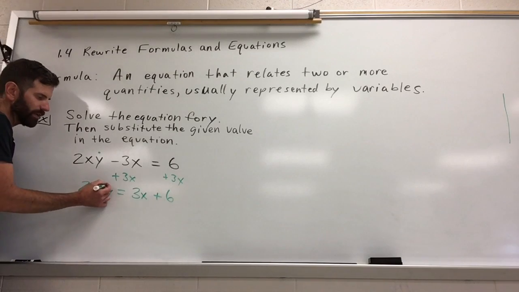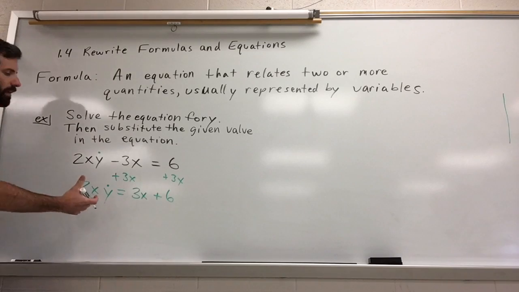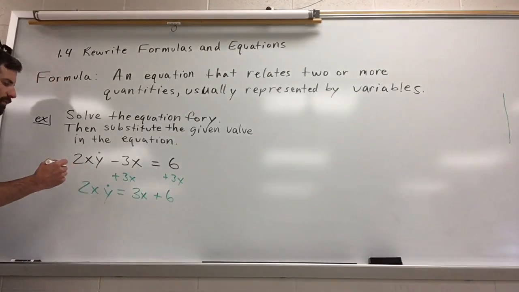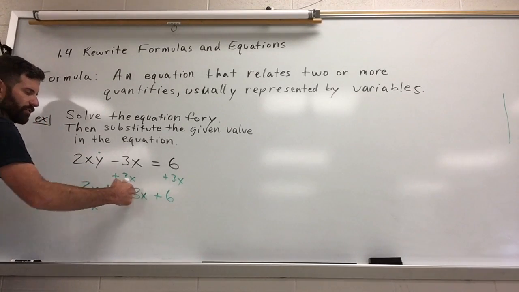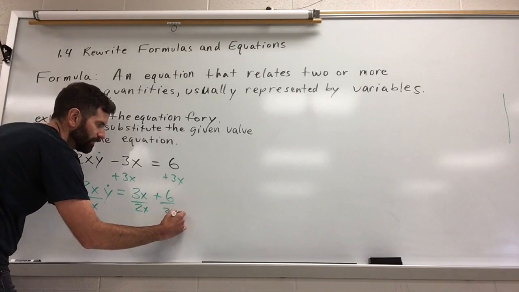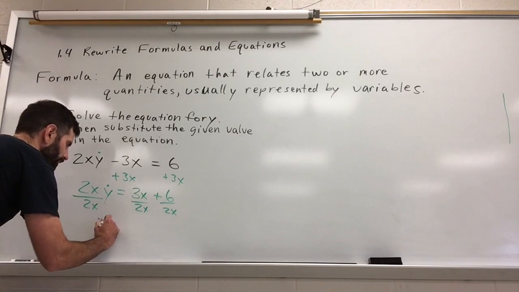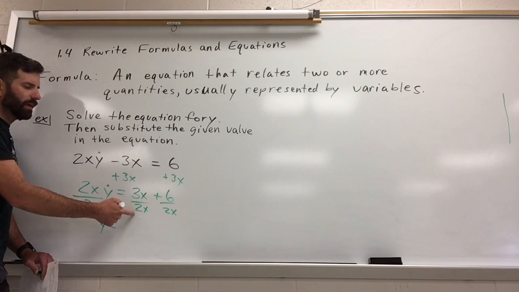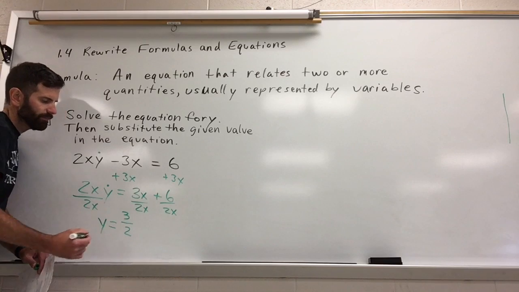From there, I'm still trying to keep in mind that I've got to get y by itself. And now, like I was saying, I'm going to divide everything, but division distributes. So I'm going to write divided by 2x, but then when I divide this other side, it distributes across addition. So I'm going to divide by 2x, divide by 2x. And it's kind of curious what ends up here. The 3x divided by 2x, the x's will divide out, and we'll be left with 3 halves.